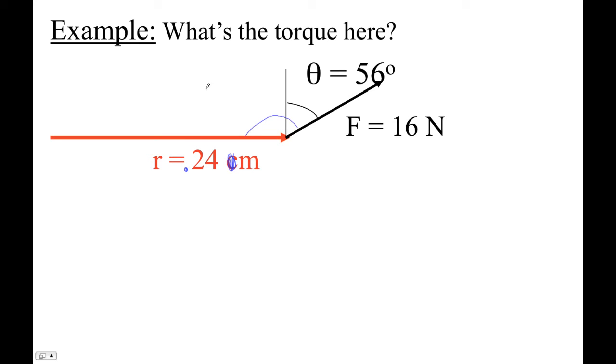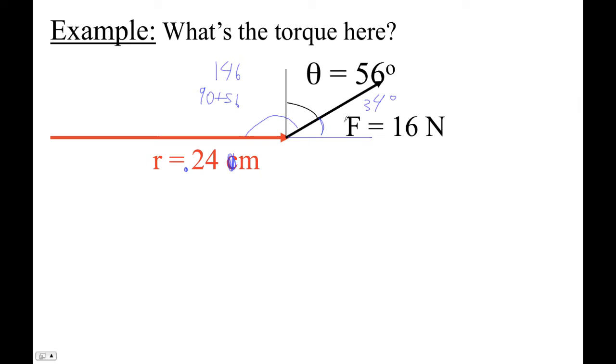We could use 90 plus 56, that is 146. We also could use, if we imagine a line out here, this angle here, the 34 degree angle, which is the one I'm inclined to use.